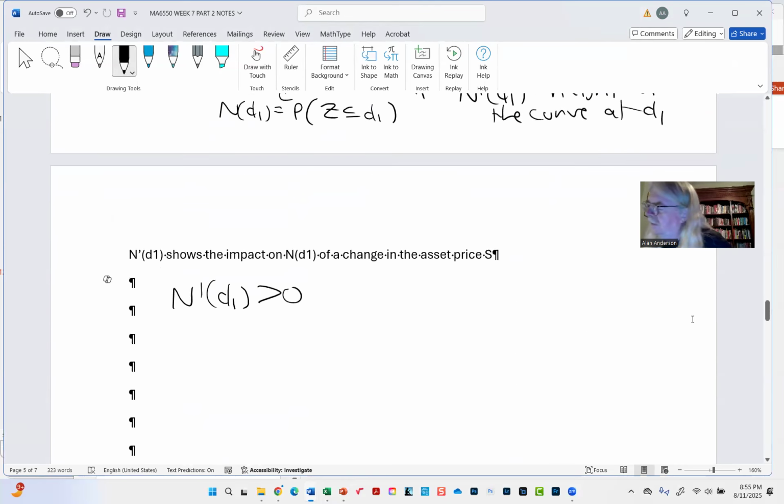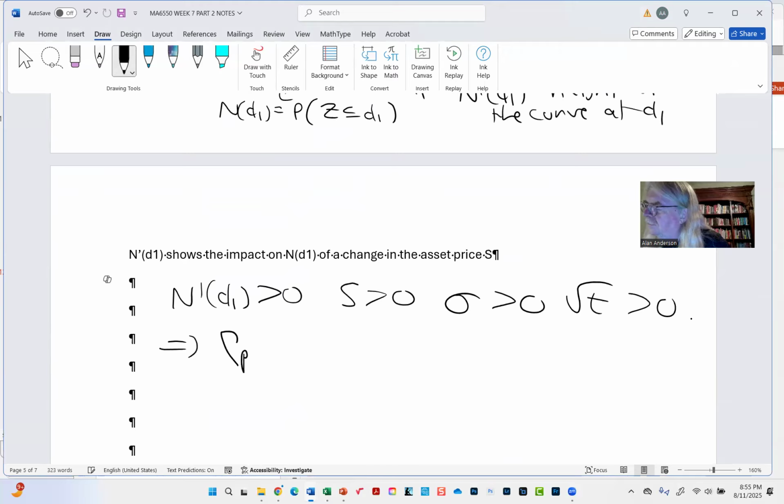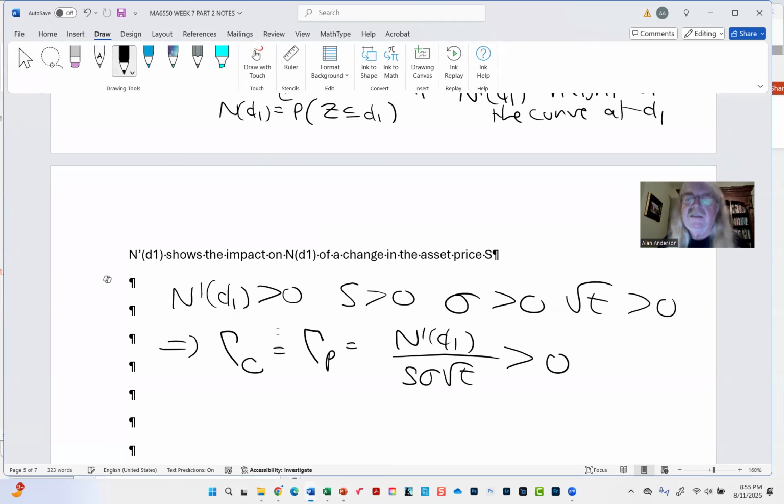S is positive, sigma is positive, radical T is positive. So therefore it must be positive. Okay. So that helps us understand why the graph looks the way it does.